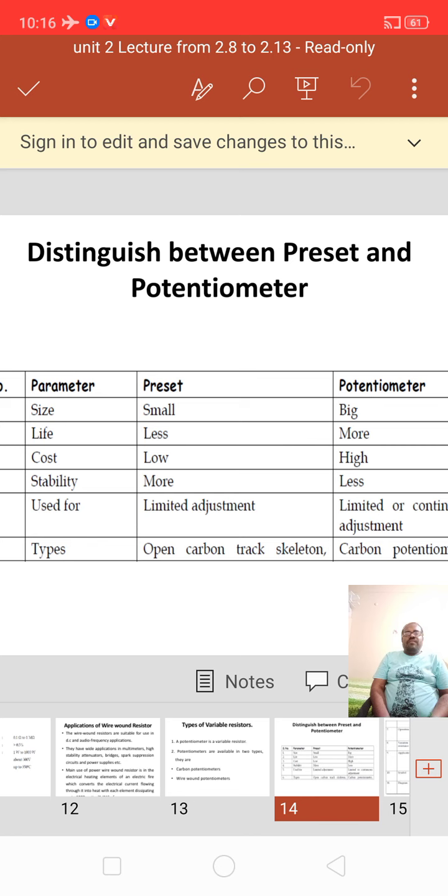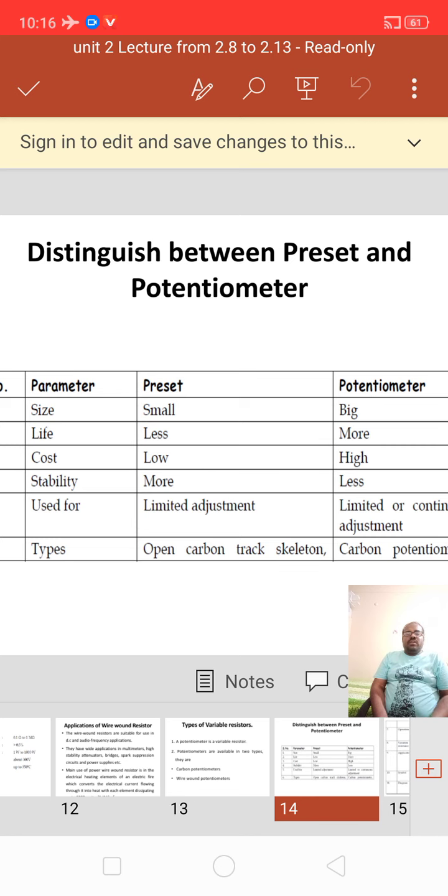The life of the preset is less, the life of the potentiometer is more. The cost of the preset is low, the cost of the potentiometer is high. The stability of the preset is more, the stability of the potentiometer is less.